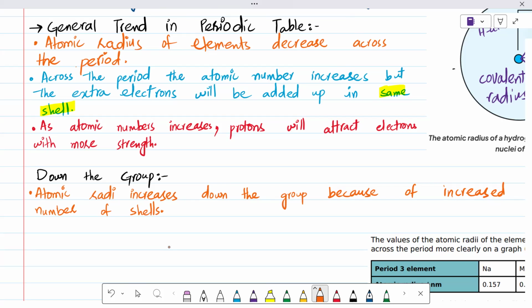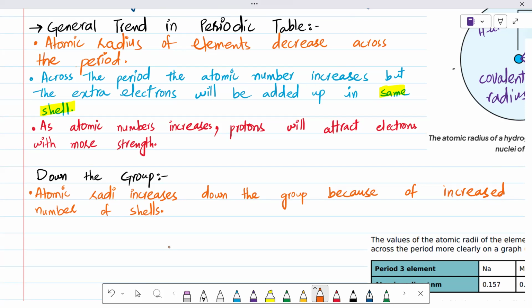Yes. You see, when the shells are increased, you have more shells for electrons, and electrons will arrange themselves in those shells at different positions, right? So those electrons will repel each other now. Previously, across the period, there were just those particular shells, and electrons are arranged in them, so they cannot repel each other in that case.